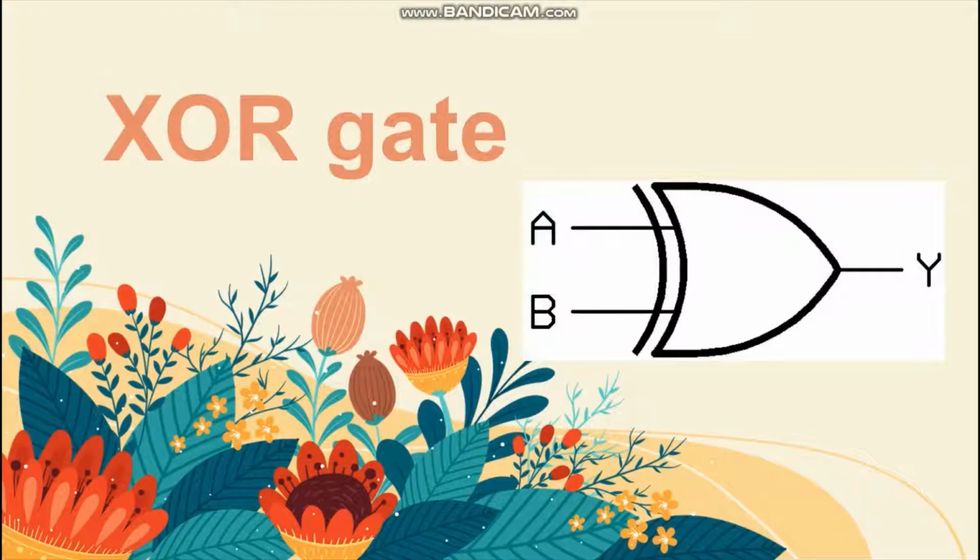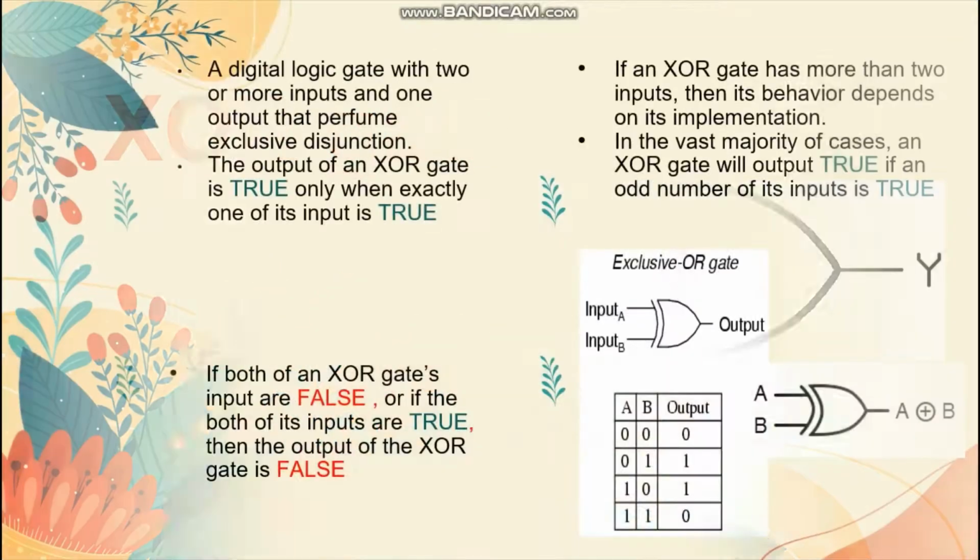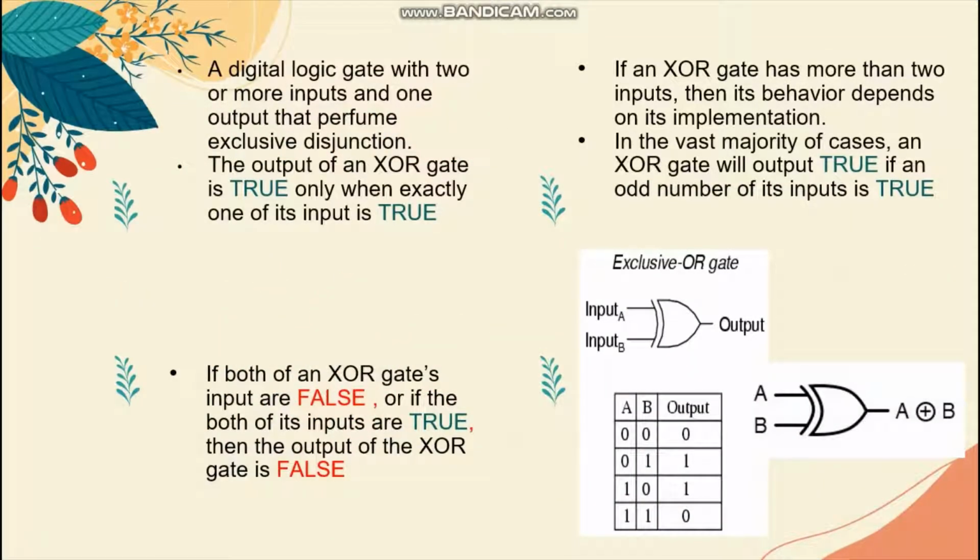Next is the XOR gate. A digital logic gate with two or more inputs and one output that performs exclusive disjunction. The output of an XOR gate is true only when exactly one of its inputs is true.